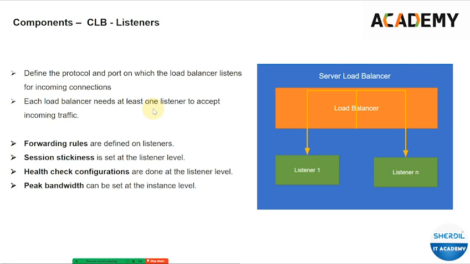So what are forwarding rules? Forwarding rules are defined on listeners. The traffic is coming from outside to the inside. Which server gets this traffic, and what's the speed, will all be defined by the listeners.